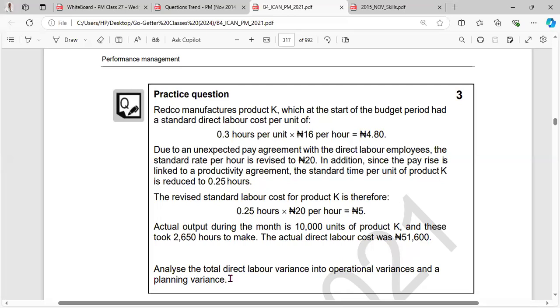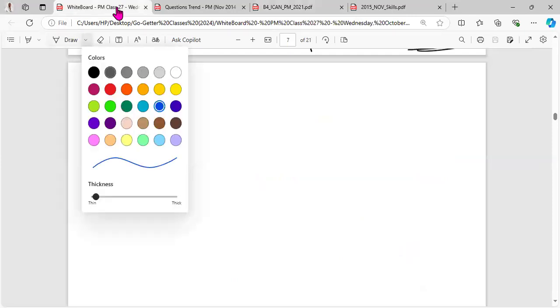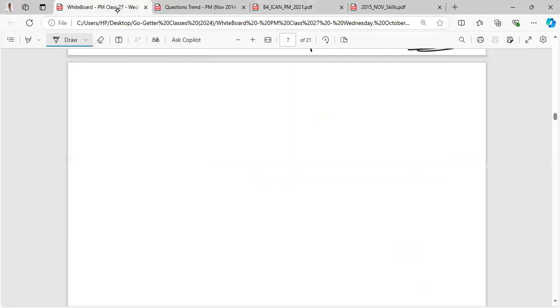Okay, so now we are just going to do a planning variance and operational variances. So what do we do now? This is practice question 3.